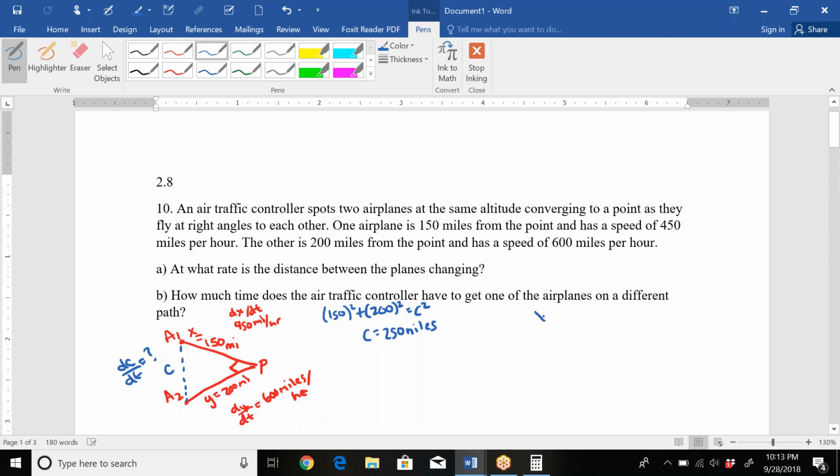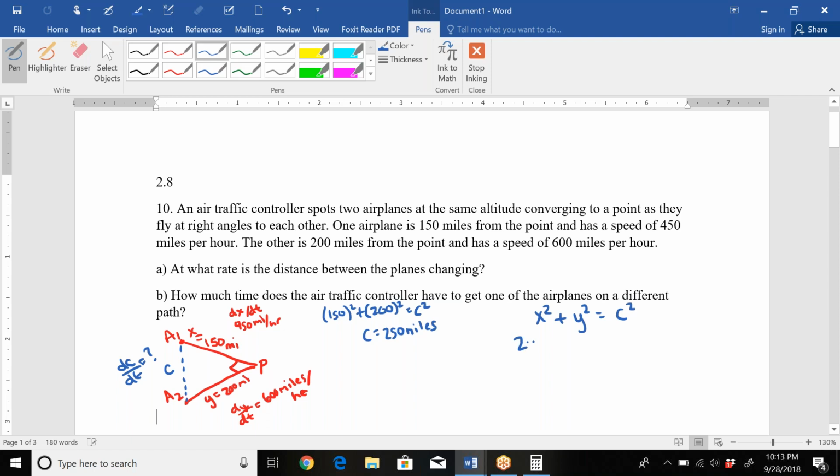Okay, so remember we're using the formula here for the Pythagorean theorem: x squared plus y squared equals c squared. We're going to take an implicit derivative with respect to time because we're asking what is the rate at which the distance between the planes is changing. So miles per hour, sorry, how is this changing?